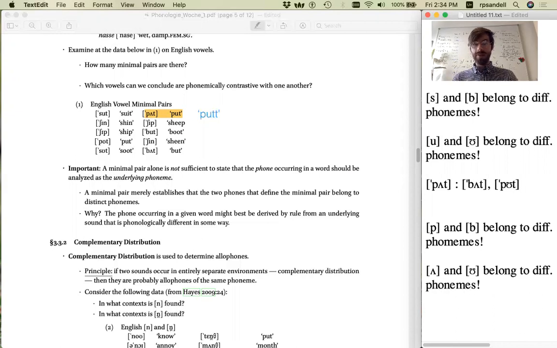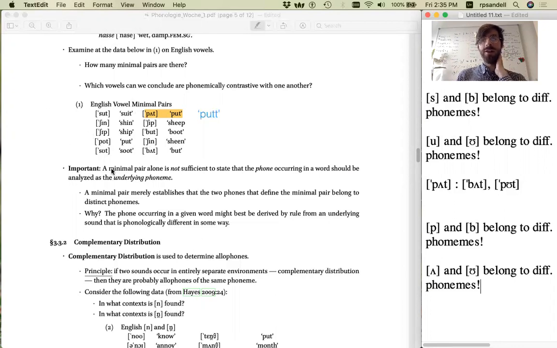And let me emphasize here just again, so that we don't have any confusion whatsoever, that saying that these sounds belong to different phonemes applies only to English, and really only specifically to the variety of English being analyzed here. So for a different variety of English, these conclusions might not be valid, and they certainly wouldn't be valid in completely different languages.